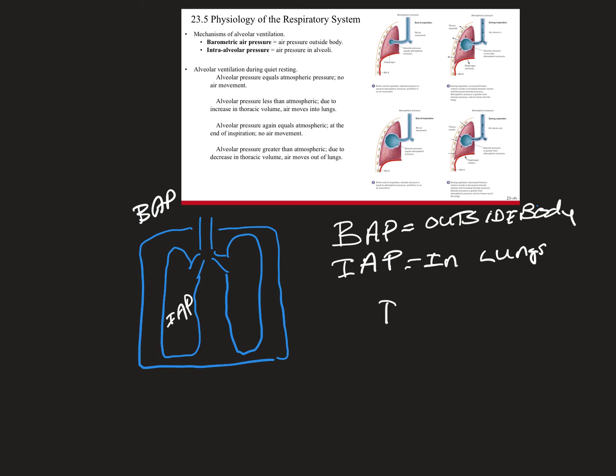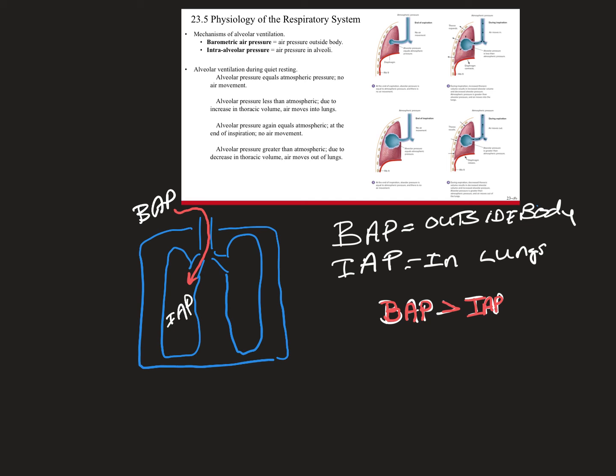If barometric atmospheric pressure is greater than intra-alveolar pressure, what's going to happen to the air? It's going to move inside the lungs. It is indeed going to move inside the lungs because air always travels down its gradient, right?